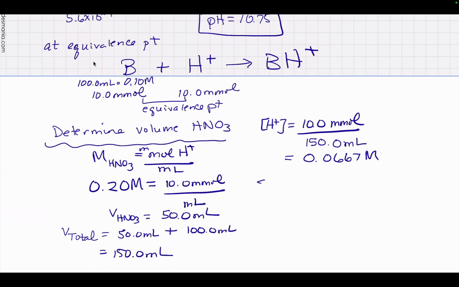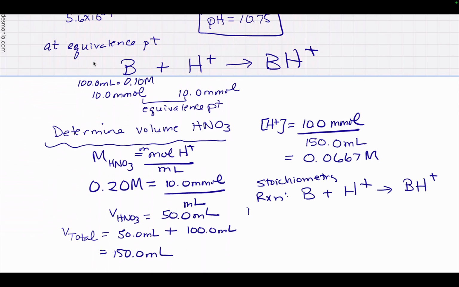The stoichiometry is going to be the reaction of the base plus the acid makes the conjugate acid.